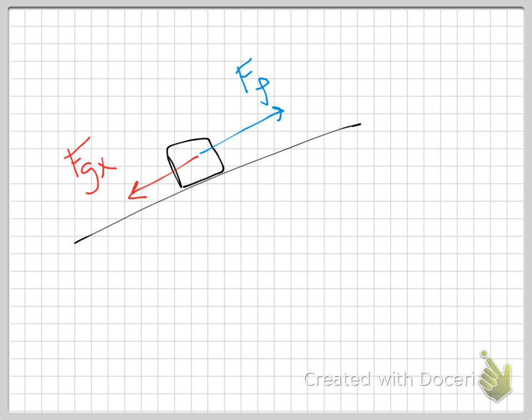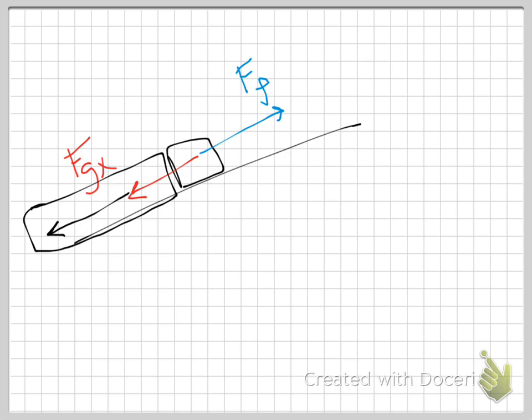These two have to be equal. If this thing is accelerating down the ramp, then you've got to not only overcome gravity, you have to have a force on top of that. So this has to be additive. It can't be subtractive. So I think the book has an algebra error. I'm going to argue that I'm right and the book's wrong.